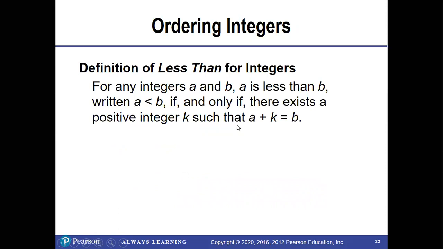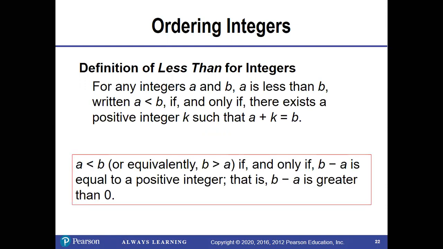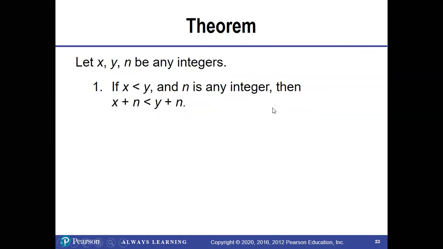Now, what happens if I deal with inequalities? When I deal with inequalities, I have to deal with a few different things. If I have x is less than y, and I add n to both sides, and n is any integer, no matter what I add, the inequality symbol stays the same.